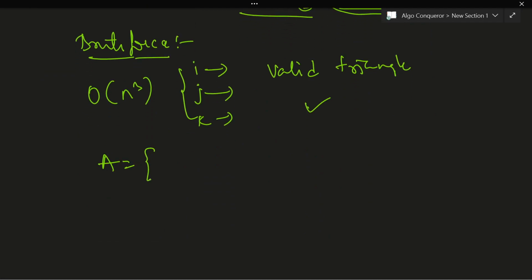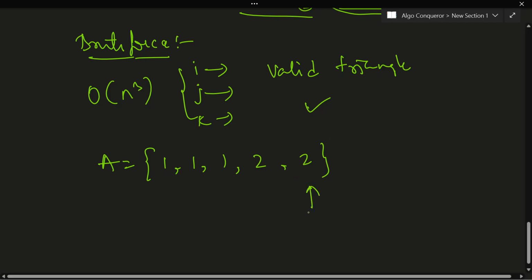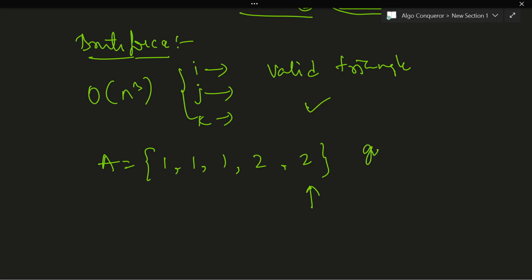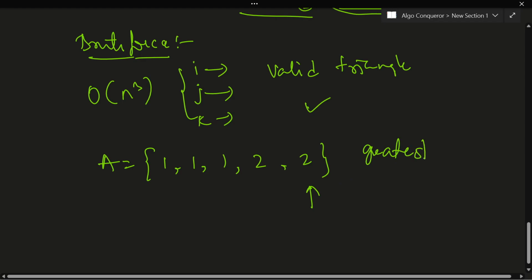The array is given as 1, 1, 1, 2, 2. Let's take a pointer from this. I'm considering this pointer to be the greatest edge of the triangle.